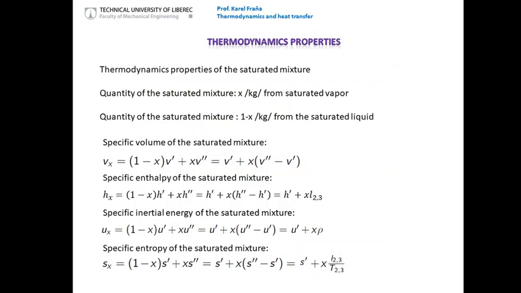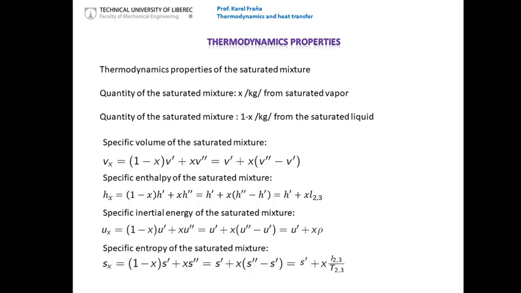We can continue, and the most complicated region of the vapor is this saturated mixture. It's complicated because two different phases are coexisting simultaneously. And the liquid and the gas have completely different properties.